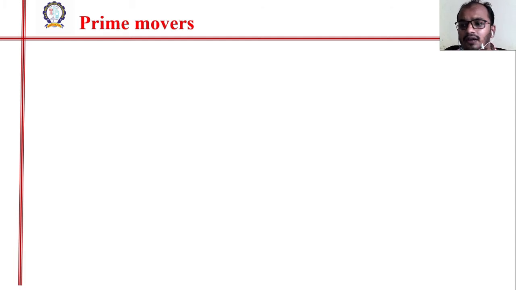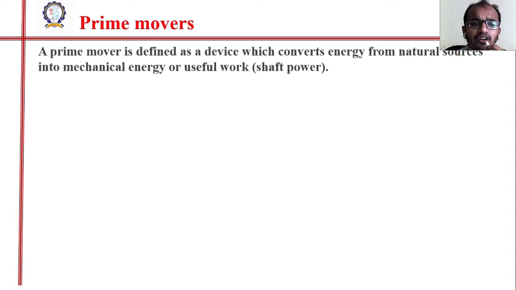All that energy may come from natural resources like coal, natural gas, petroleum. Based on that, if we want to define the prime mover, we can say that the prime mover is basically a device which converts the energy from natural sources into mechanical energy or useful work.